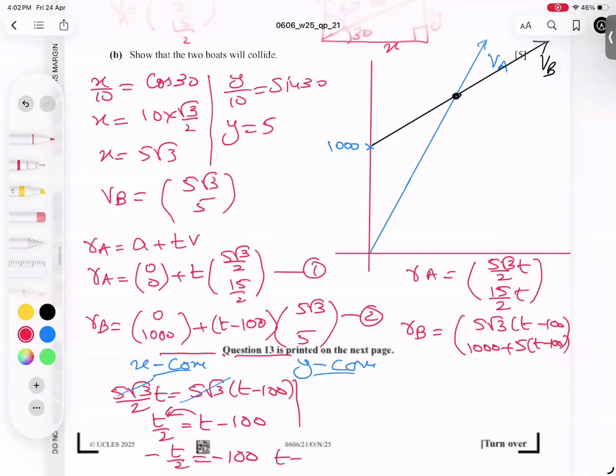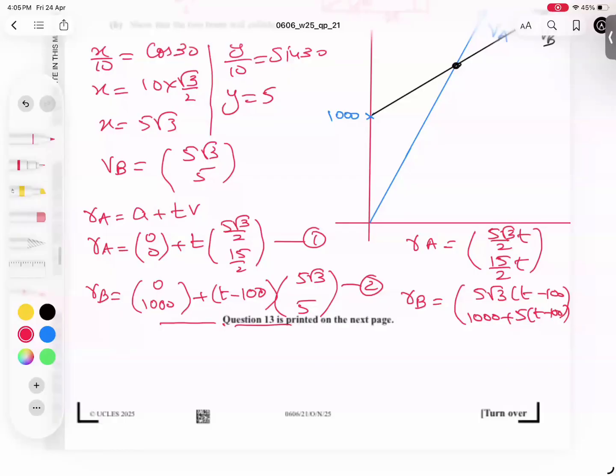So I'm getting 15 by 2 T equals 1000 plus 5 times T minus 100. So students, I'm going to compare X component and Y component.